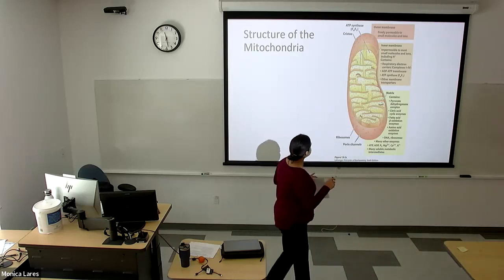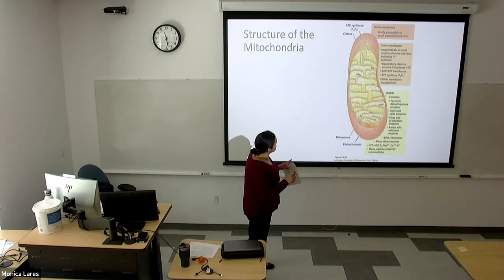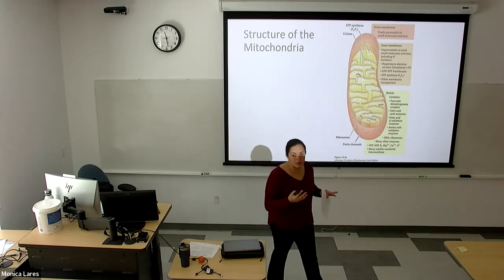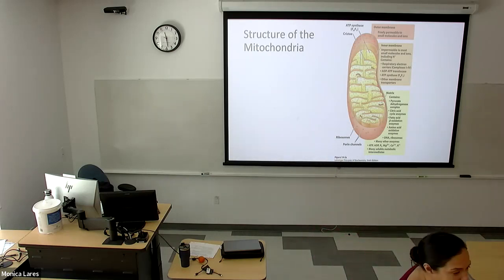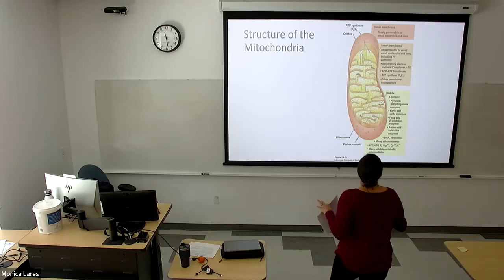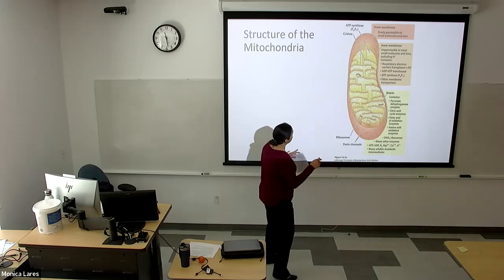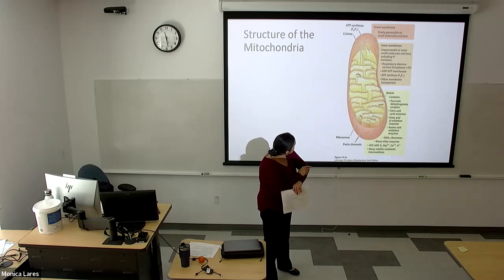The outer membrane has these relatively large pores that allow small molecules and ions to freely pass through. But the mitochondria also has this inner membrane, and this inner membrane has all these folds, the cristae. The more folds you have, the more surface area you can have.